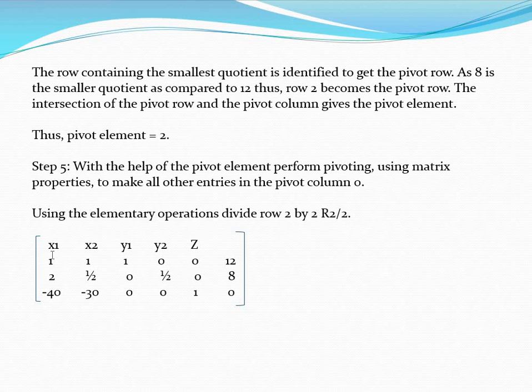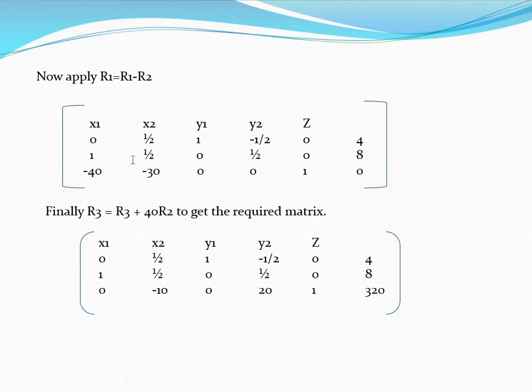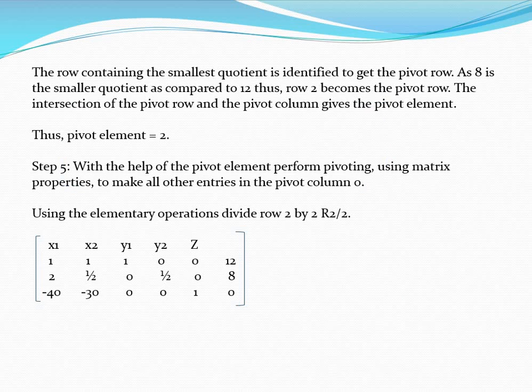Our main target is that this complete column, except the pivot element, we have to make 0. So dividing row 2 by 2, we will get this matrix 1, 1 by 2, 0, 1 by 2, 0, and 8.